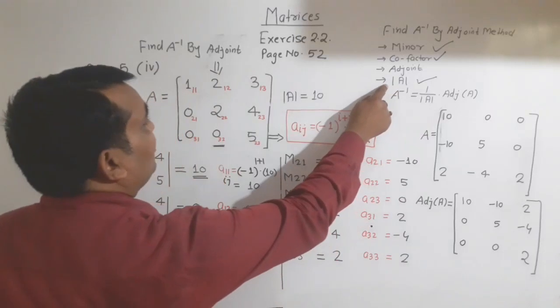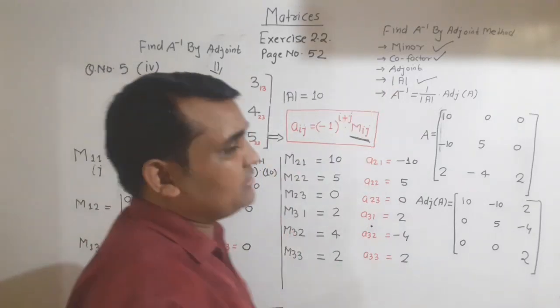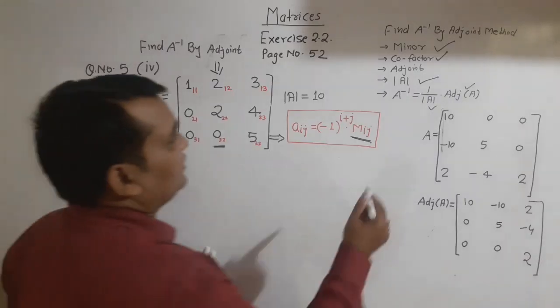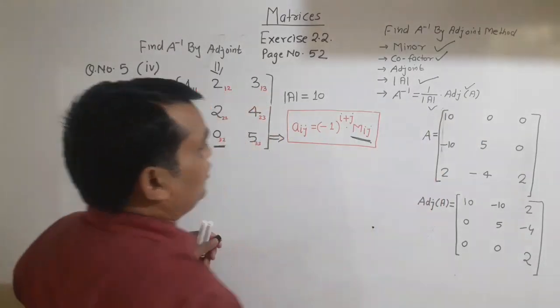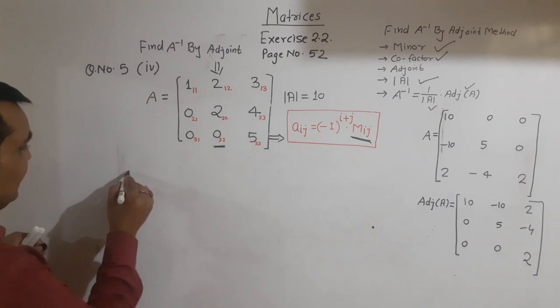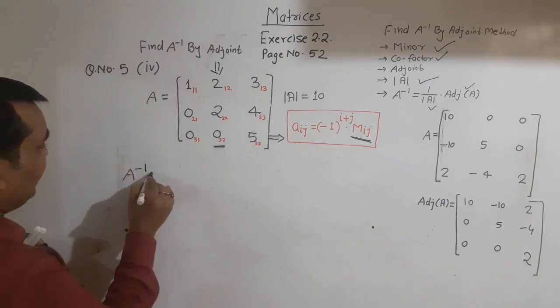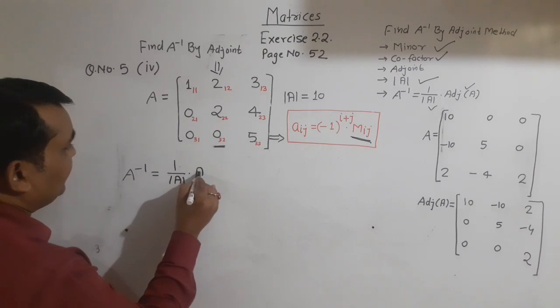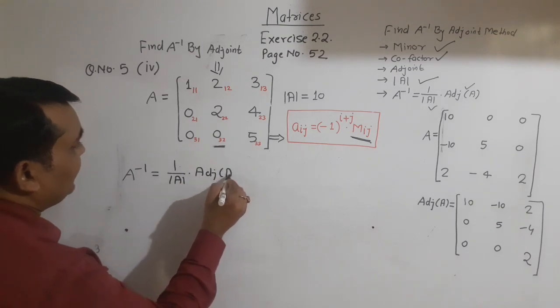You have to find the determinant of the original matrix, which we have already done. Now we have the determinant of A and the adjoint of A. Now our aim is to find A inverse. So the A inverse formula says 1 by determinant of A into adjoint of A.